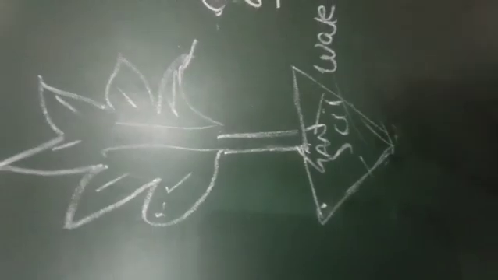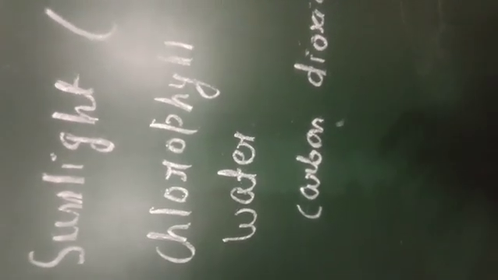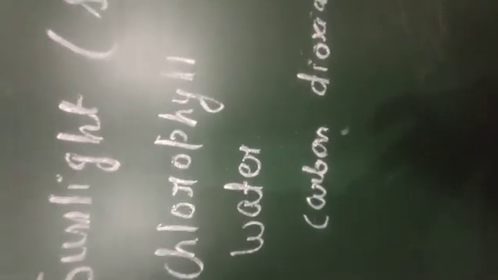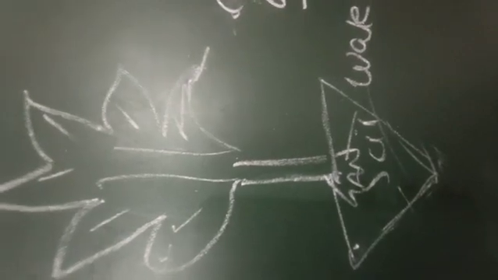What is chlorophyll now? Chlorophyll is one of the raw materials required for the process of photosynthesis. Chlorophyll is a green pigment that is present on the leaf and helps in the process of photosynthesis. Remember that photosynthesis only occurs in the green parts of the plant.